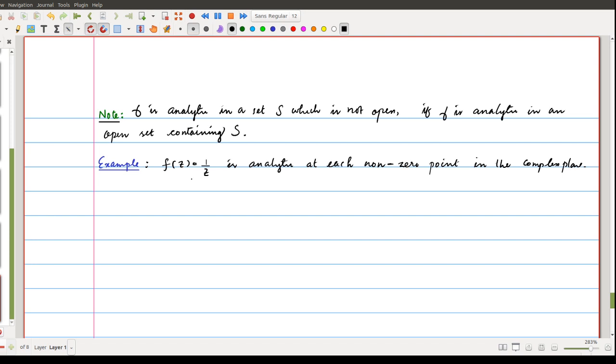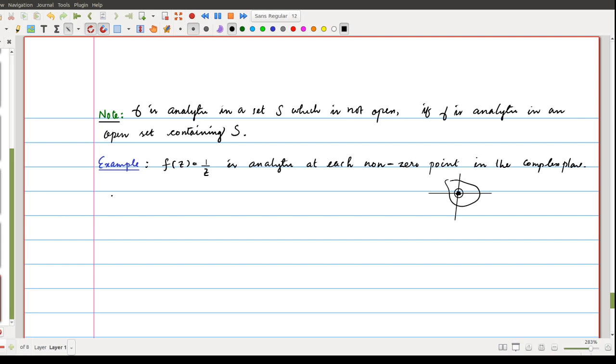But if we choose any set which does not contain 0, then this function f of z equal to 1 by z will be analytic. So this is an example of a function which is analytic at every non-zero point.